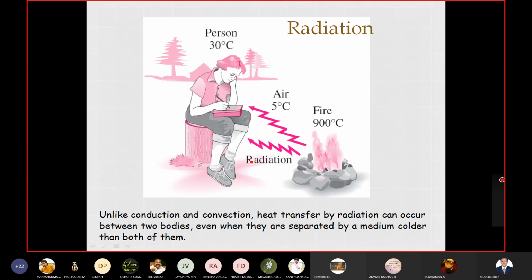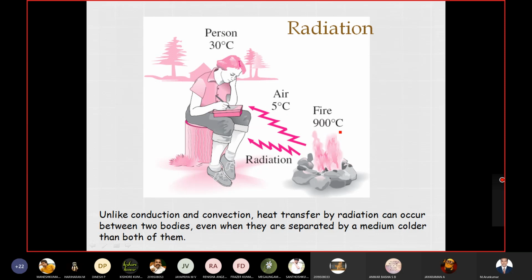Then we have another mode of heat transfer, which is radiation. Unlike conduction and convection, heat transfer by radiation can occur between two bodies even when they are separated by a medium colder than both of them. We can take this example: a person at 30 degrees Celsius, a fire at 900 degrees Celsius, and air at 5 degrees Celsius.